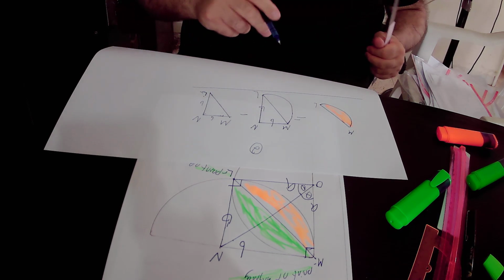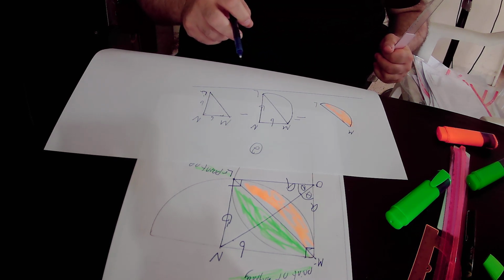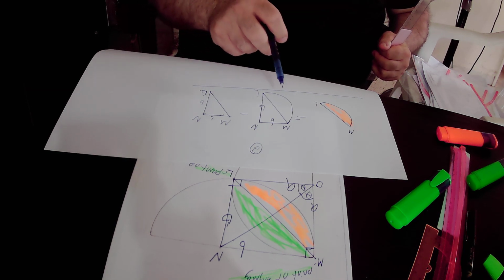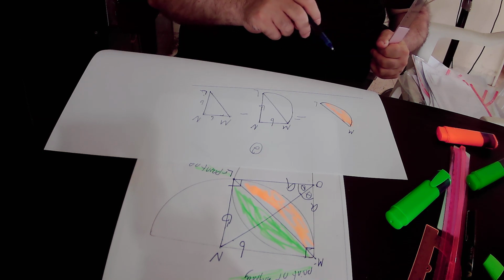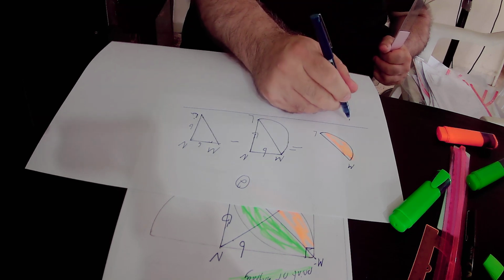It is very easy to see from the drawing that if you subtract the area of triangle MNL from the area of sector MNL, you will get exactly the area of circular segment ML, the lower circular segment ML. Okay?